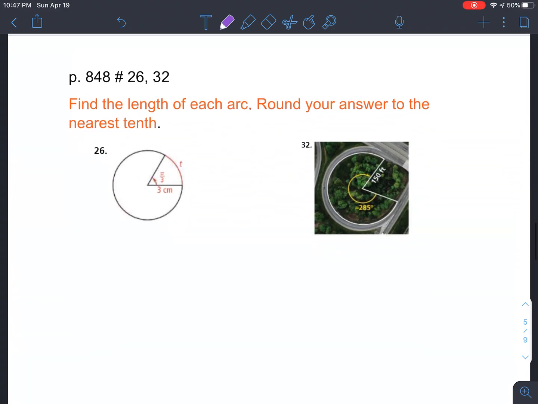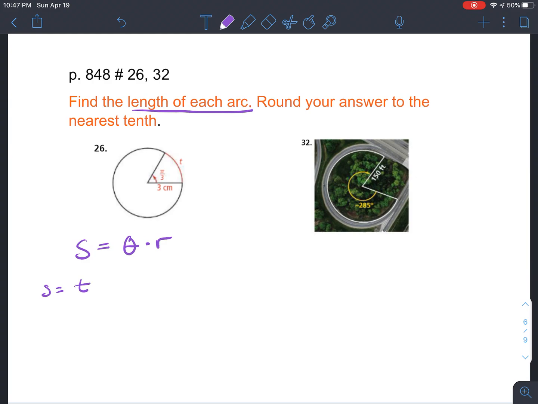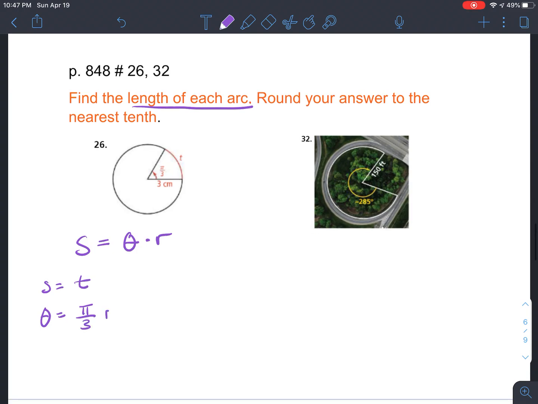So we're taking a look at 2 problems, page 848, numbers 26 and 32. Find the length of each arc. Round your answer to the nearest tenth. Okay, so if we are looking for the length of an arc, that means we're using the formula S equals theta times R. Well, in this question, what is my S? Well, my S is that T value. That's what I'm trying to find. My theta is my angle measurement, in this case pi over 3, in radians.